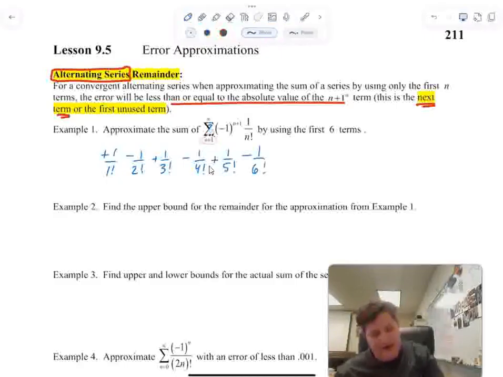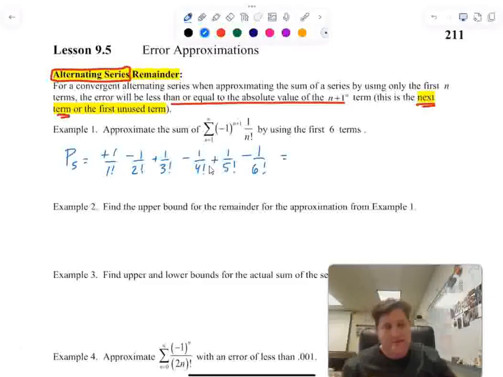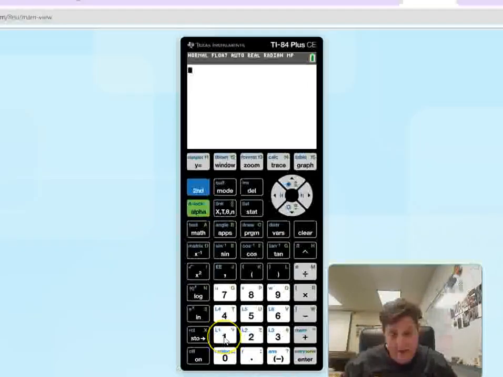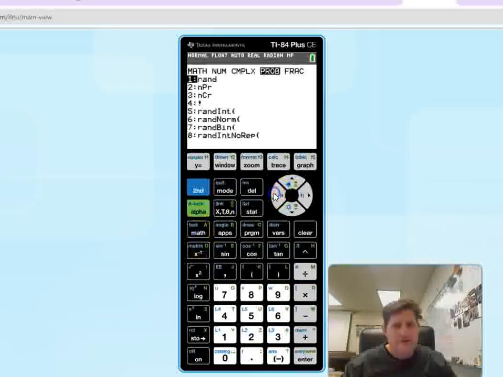So we want to approximate the sum. This, by the way, is what's called a partial sum. Sometimes we could put a P for partial sum or whatever. So let's go ahead and figure this out. I think I'm going to have to go grab my calculator over here. Okay, so I'm going to go 1 minus 1 over 2 factorial. 2 factorial is just 2. 1 over 3 factorial is over here under probability, okay?